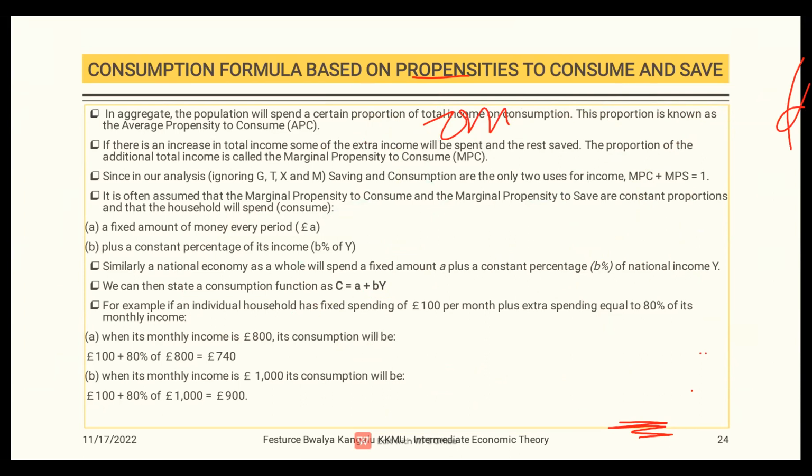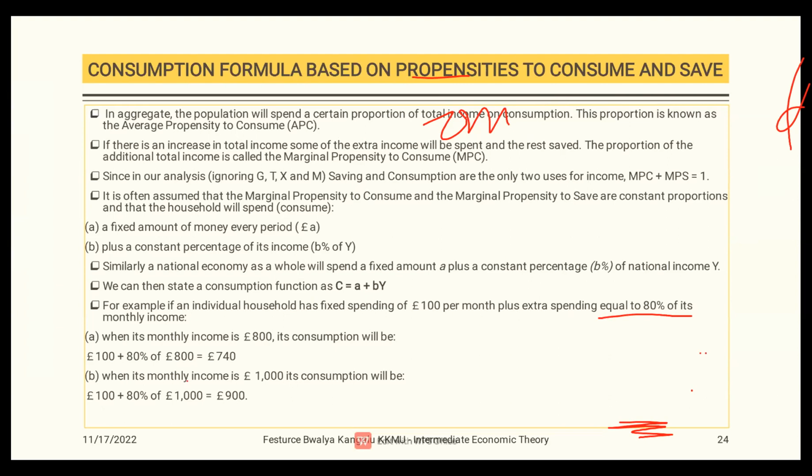So now let's say a person has a monthly income of 800, right? Then the consumption will be 100 plus 80% of 800. The assumption we make is that this 80% is the marginal propensity to consume.